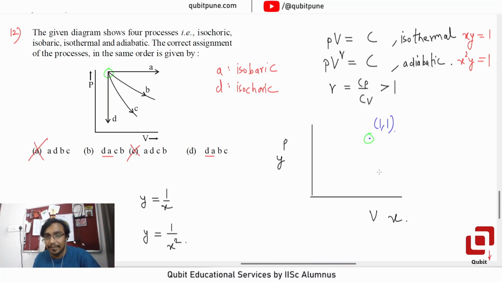Have you understood that? Let's complete the proof. Suppose I take x as 2 here.